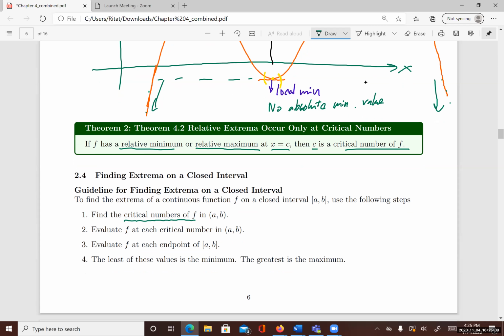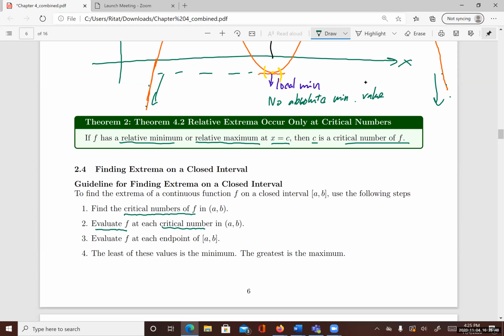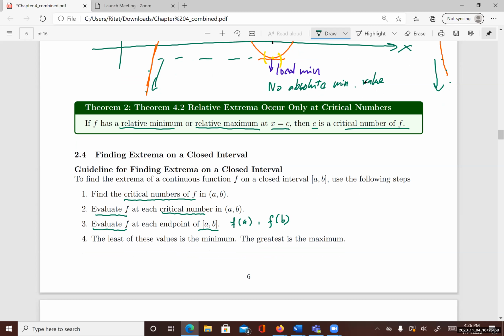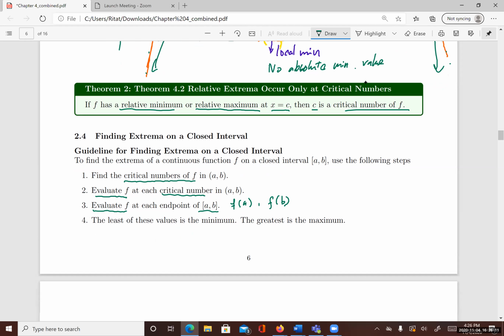Just find critical values, and then you evaluate the function f at each of the critical numbers. Then you evaluate f at each of the endpoints, f of a and f of b. Then you compare all of these function values together, the values at critical values and at the two endpoints, and you can make the conclusion.